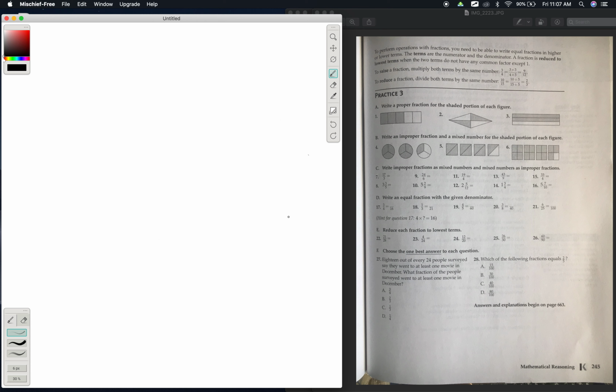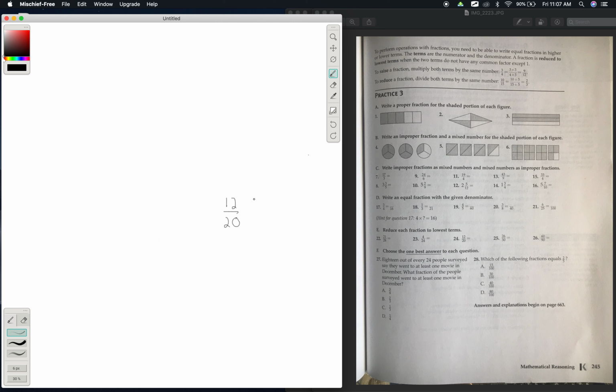Okay, 12 over 20. What's a number that goes into both of them evenly? Again, the highest number is the best. If not, that's okay. Choose any number. For example, we know that 2 will go into 12, and we know that 2 goes into 20, because 2 times 10 is 20, and 2 times 6 is 12.